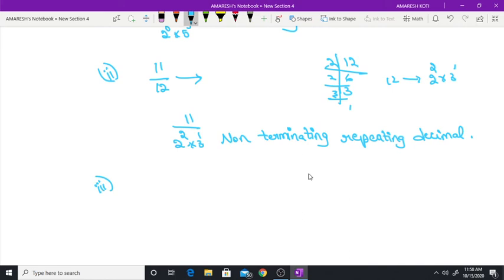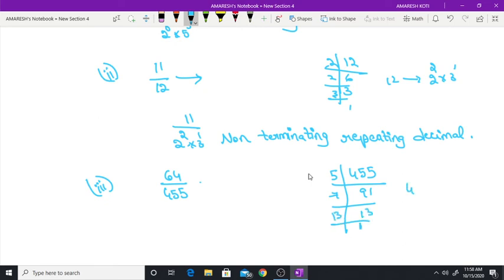So third sum, 64 by 455. 455 prime factorization gives 5 91s, and 7 13s are 91 and 13 into 1.